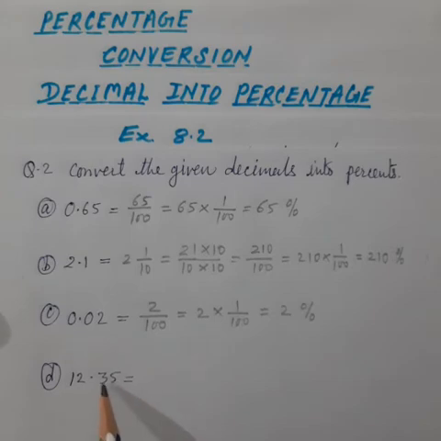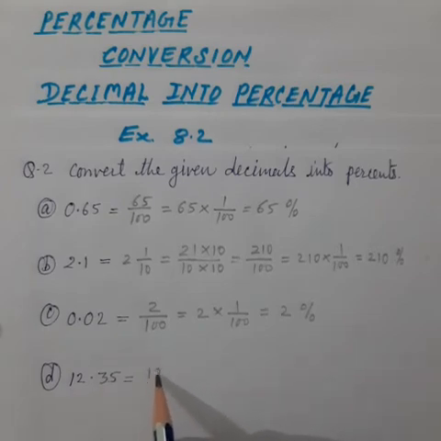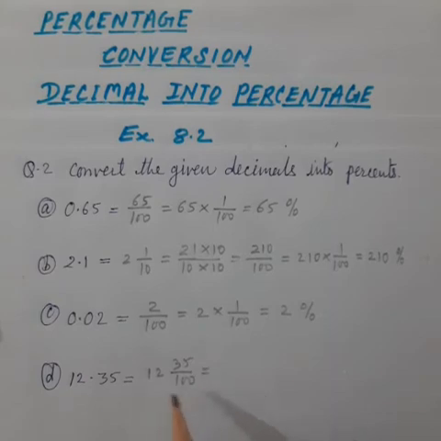D, 12.35. There are 2 places after the decimal point. So it is 12 and 35 hundredths. This is a mixed fraction. Convert it into improper. 12 into 100, 1200 plus 35, 1235. The denominator is 100.